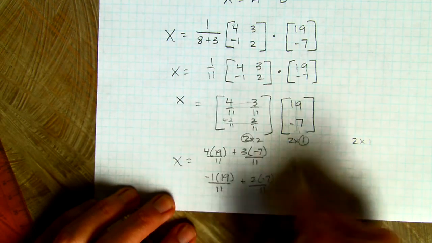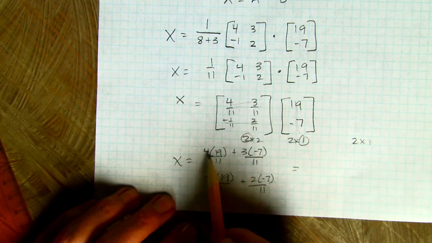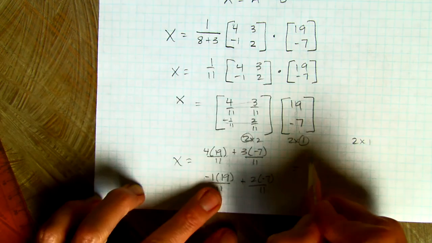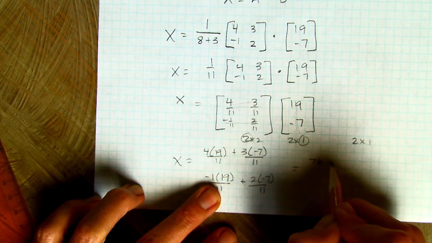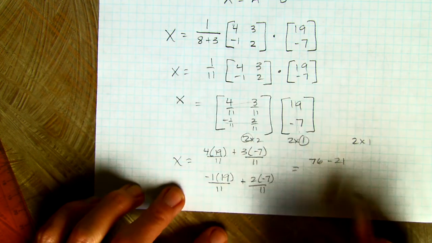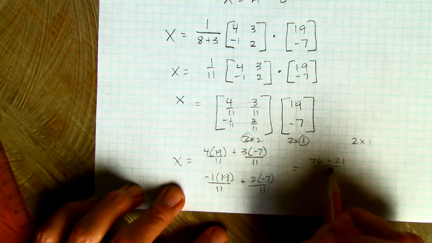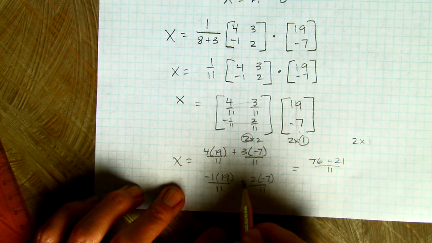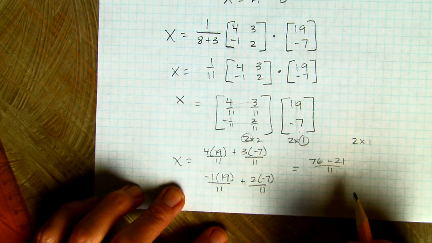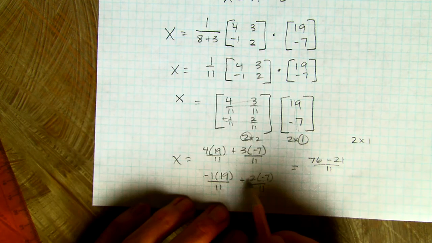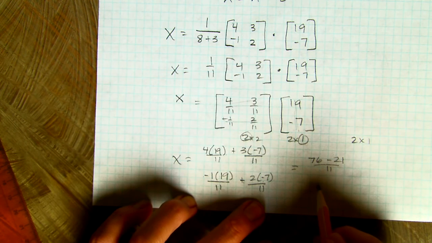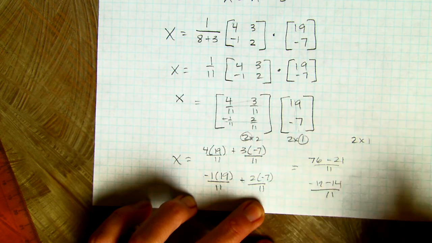And I'm just going to work horizontally here because I'm running out of space. 4 times 19 is 76 minus 21 all over 11, and this is negative 19 plus a negative 14 is negative 33, right? Negative 19 minus 14 all over 11.